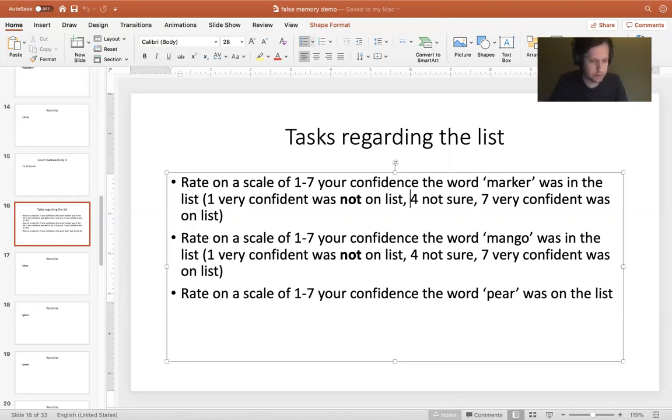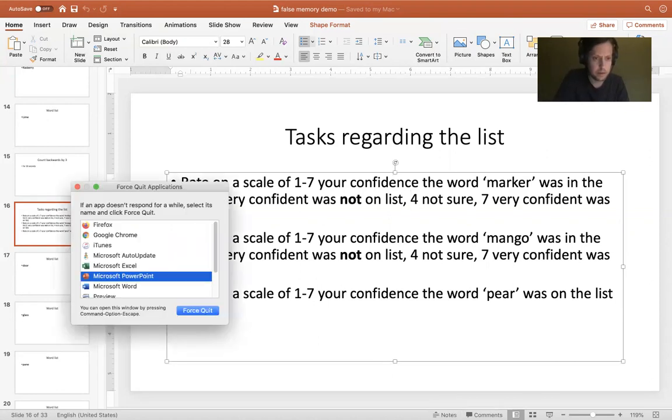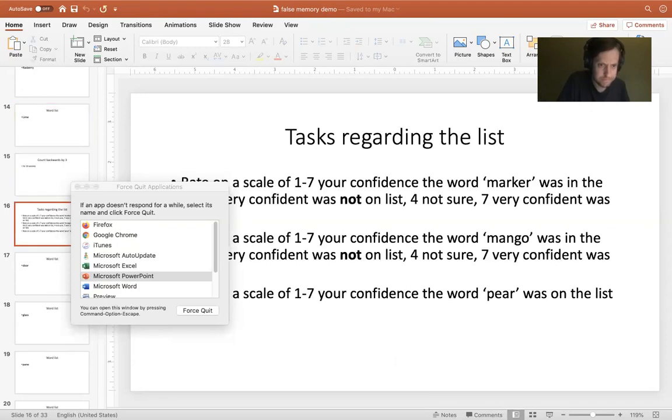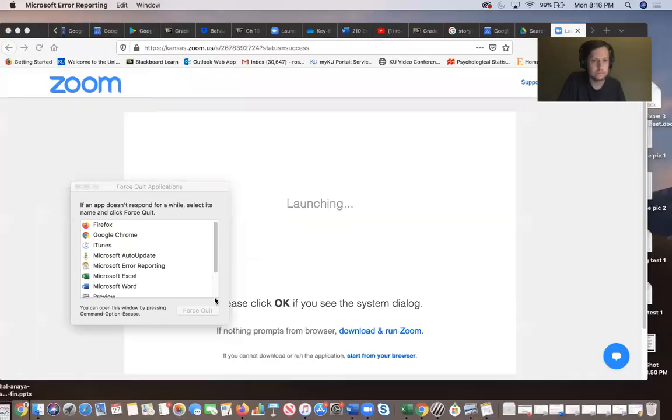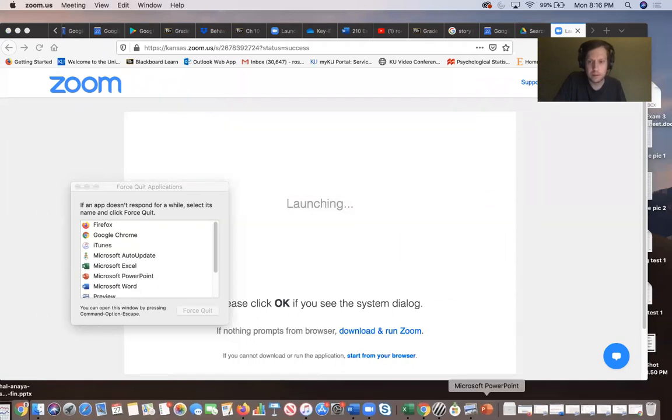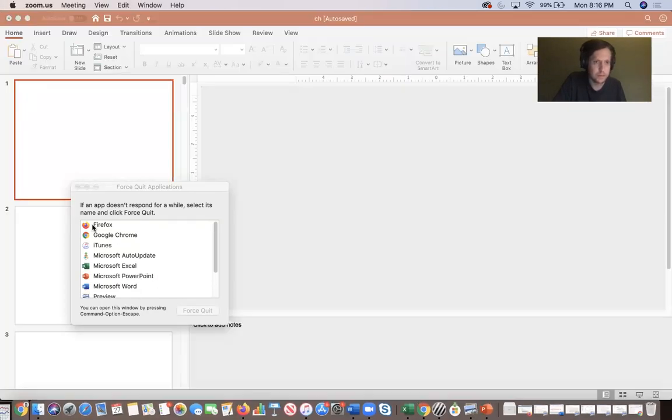Option Command Escape. Option Command Escape. Stop this one. Oh, my mouse isn't working now. So now let's reopen those things.